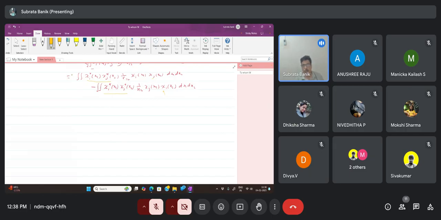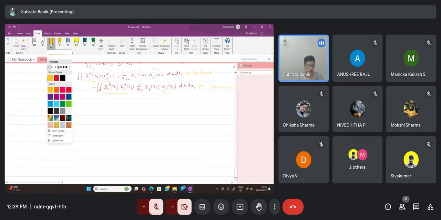So if you notice this, in the right side, x1 and x2 interchange their orbitals. They exchange orbital. Left side is the same. Right side, we have orbital interchange, right? So this term is called a Coulomb integral. This is called exchange integral.